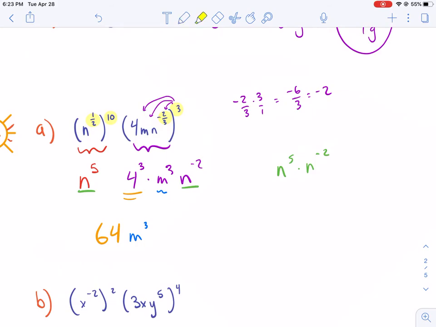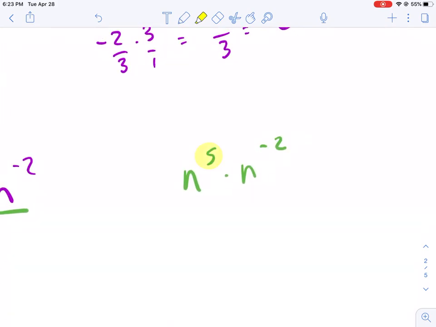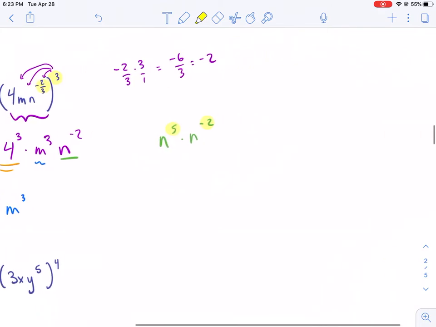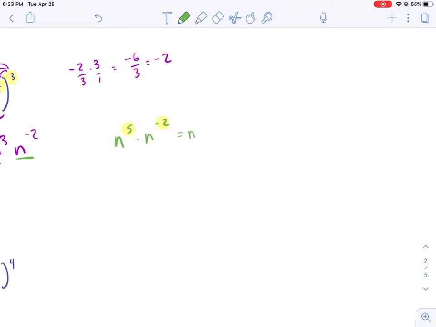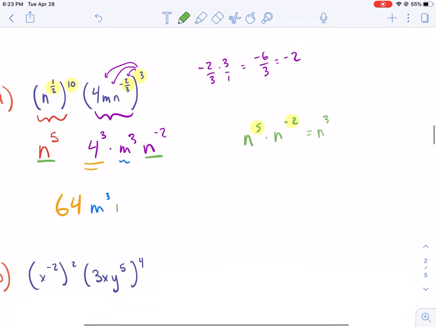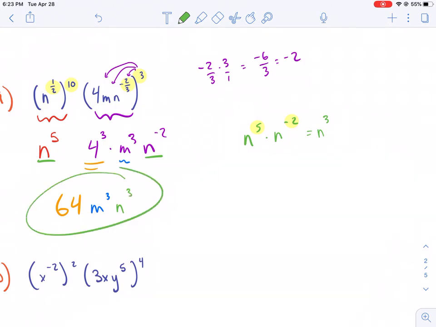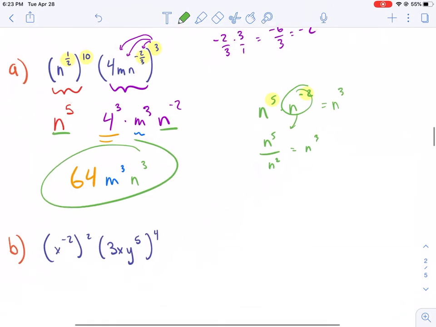Anytime you have like bases being multiplied with exponents, you add the powers. So this is going to be equal to n cubed. And this is our final answer. Okay. If we were to rewrite this, this could be n to the 5th over n squared. Essentially what you do is you move this to the bottom. And again, you can cancel it, get n cubed.